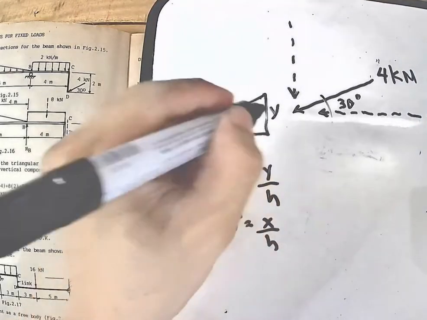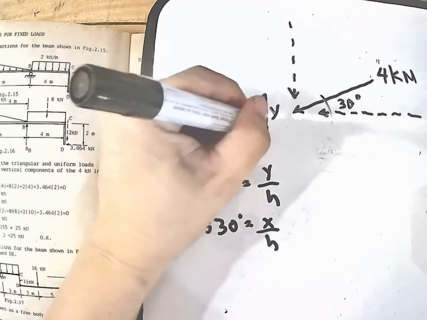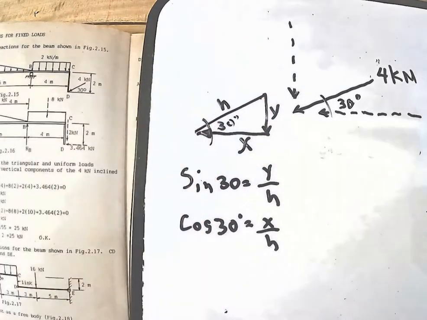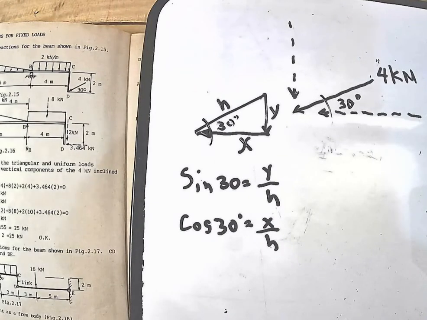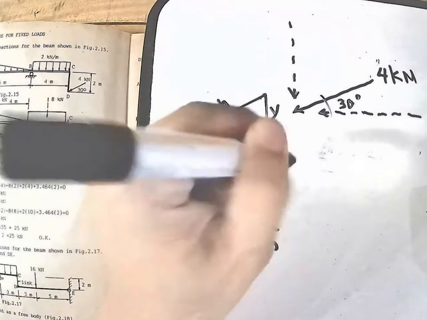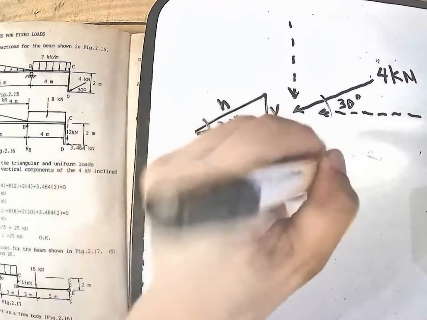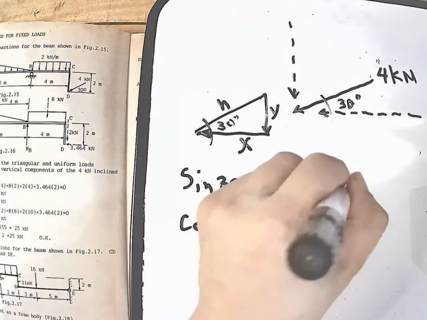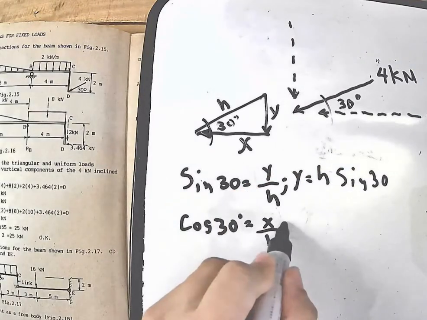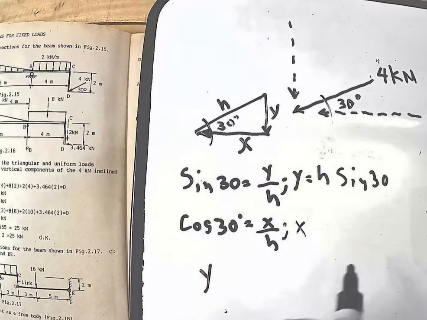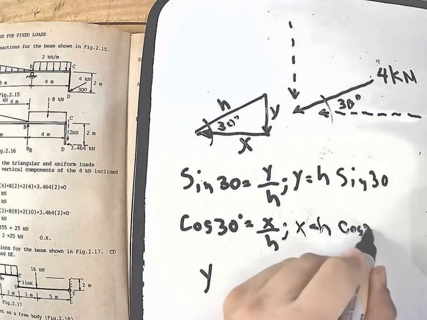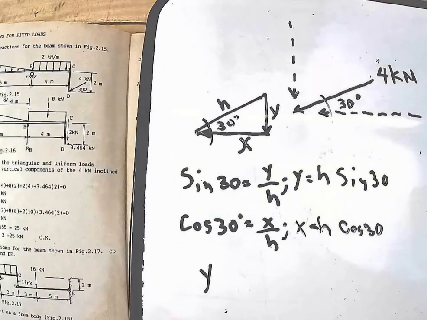So in this case, let's take this as downwards, and then this is leftwards. So y, from this equation now, y is equal to h sine of 30. Likewise, x is equal to h cosine of 30. Now, we substitute.